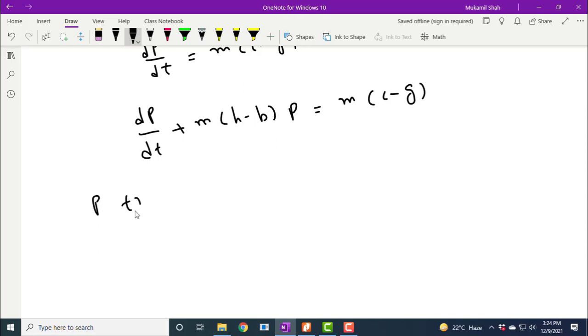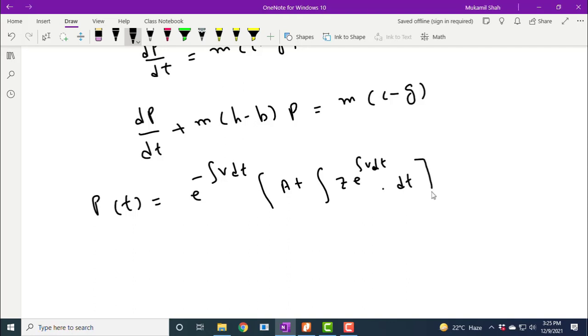So we can use the respective formula for linear differential equation to solve it. As we know that the formula for linear differential equation is P of t equal to e raised to power minus integration of v dt from the previous lecture, into A plus integral of z times e to the power integration of v dt, into dt.